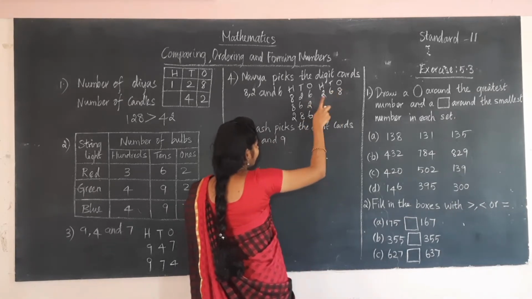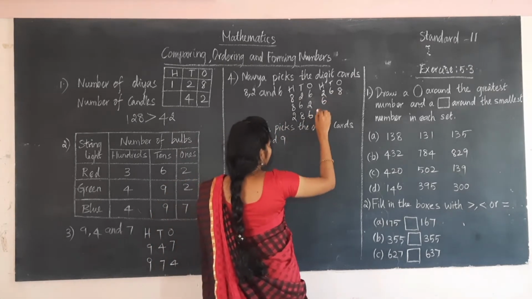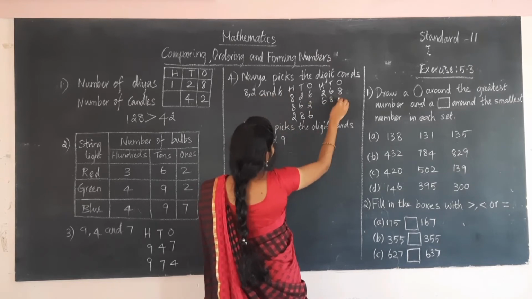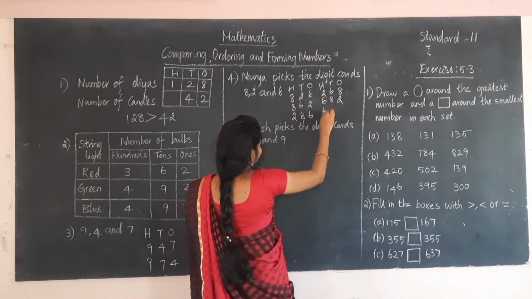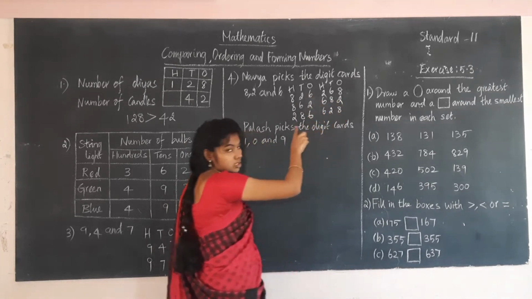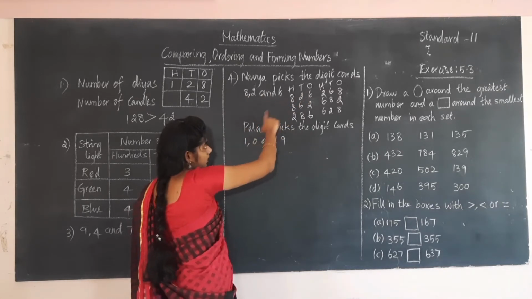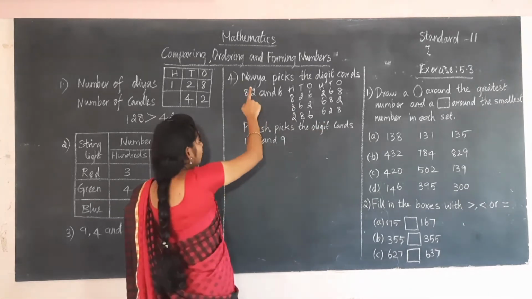And the next one I am placing 6 in the hundreds place, with the remaining 2 numbers, 8 in tens and 2 in ones. Then 6 in the hundreds, and interchanging the remaining 2, 8. So these are the possibilities with Navya's digit cards, made to find her greatest number.